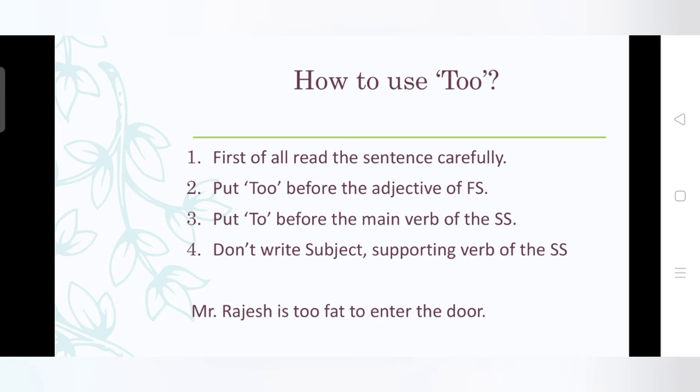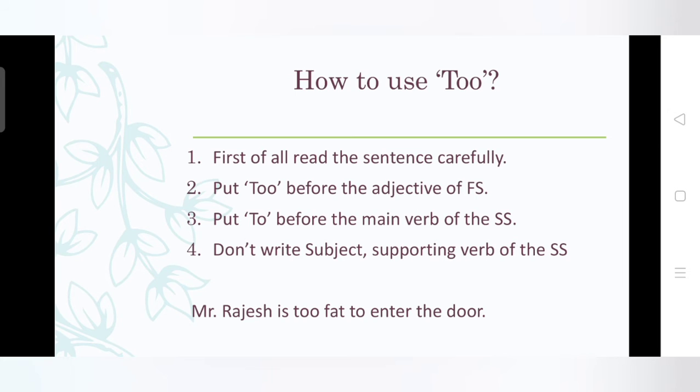Now the second thing is, put to before the adjective of the first sentence. Remember this rule carefully. You should put to into the first sentence before the adjective. The first word is the subject, the second word is the supporting verb, the third word is an adjective. So if you want to use the word to, put the word to into the first sentence before the adjective.